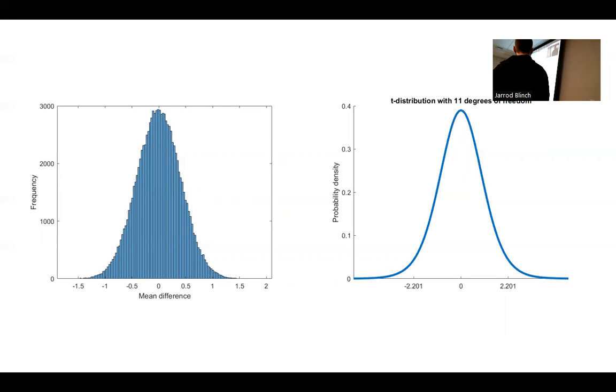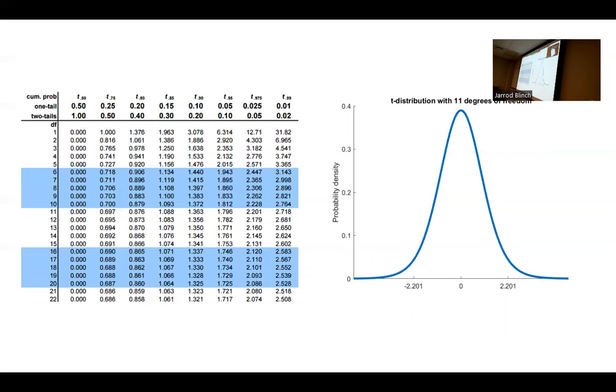Then we can ask, what is the t-value, positive and negative, that will capture 95% of these cases? The t-value happens to be 2.201, which we can look up from a t-table. With 11 degrees of freedom, we want to capture 95% of the data, or 2.5% in each tail. So our critical t-value is 2.201.